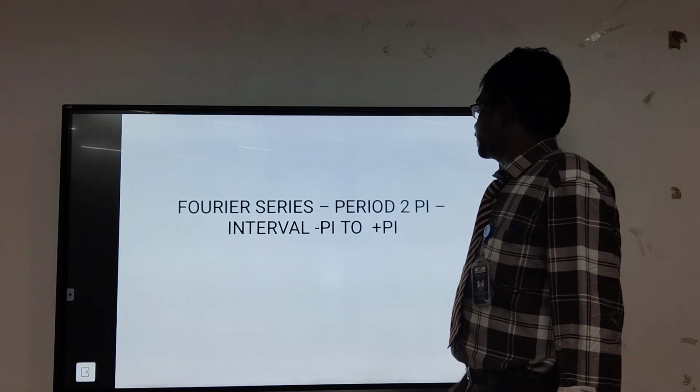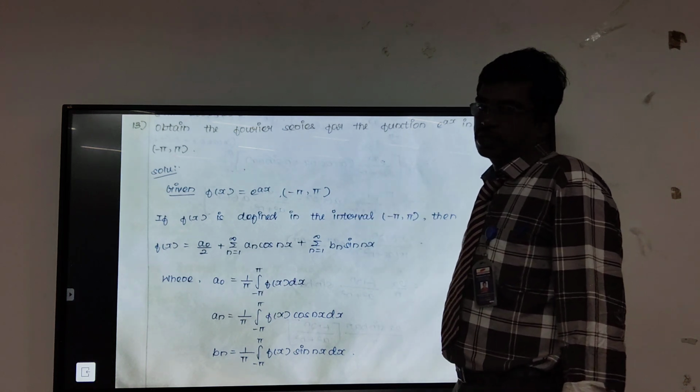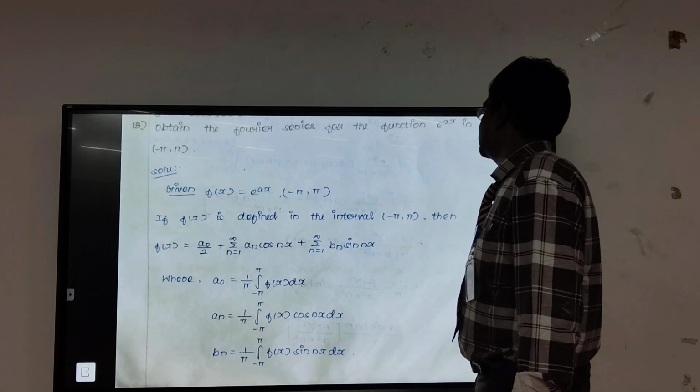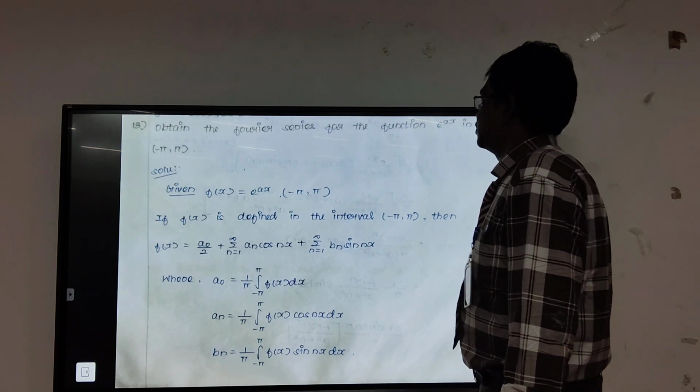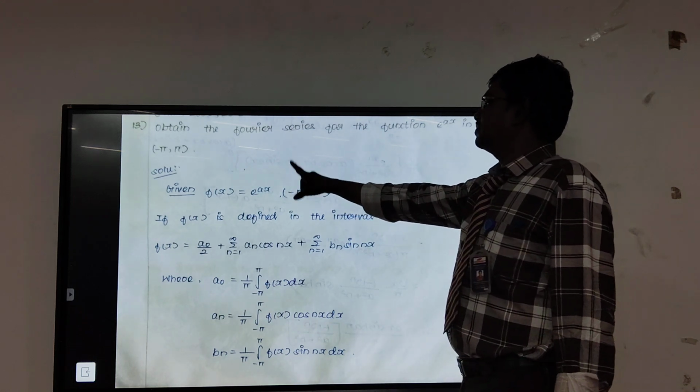We can take this as a general formula problem. Apply the Fourier series for the function e power ax in minus pi comma pi. Here the function is f of x equal to e power ax.